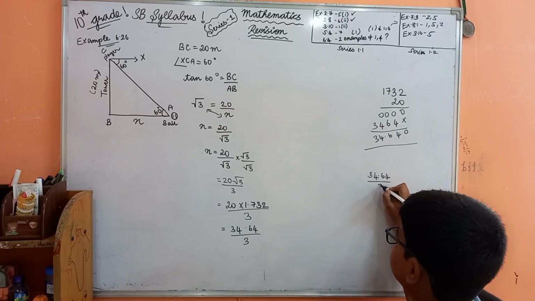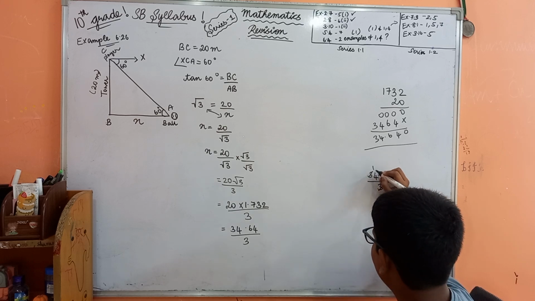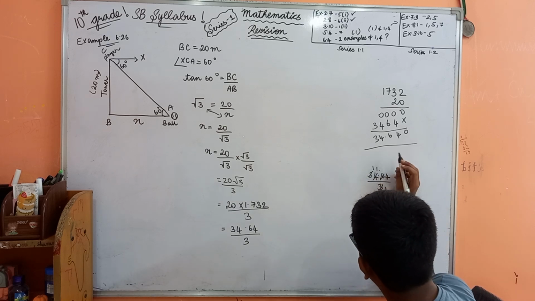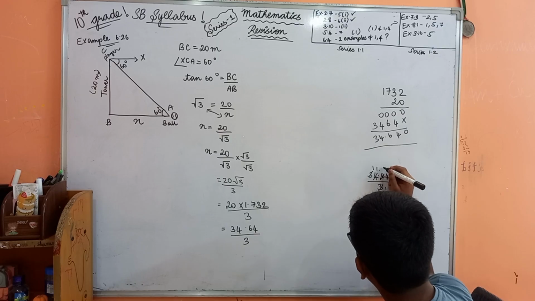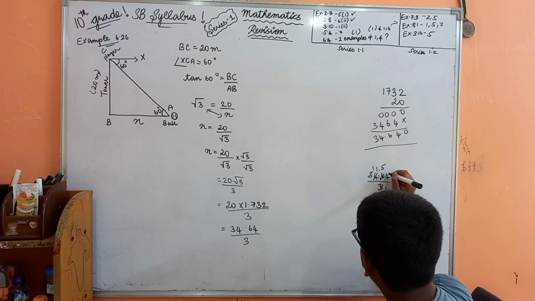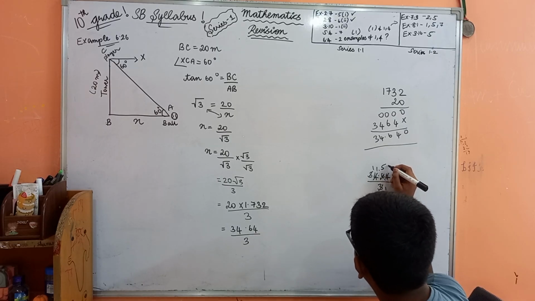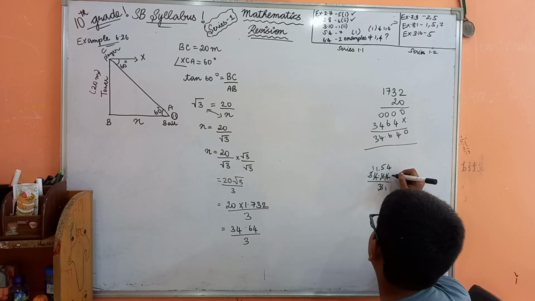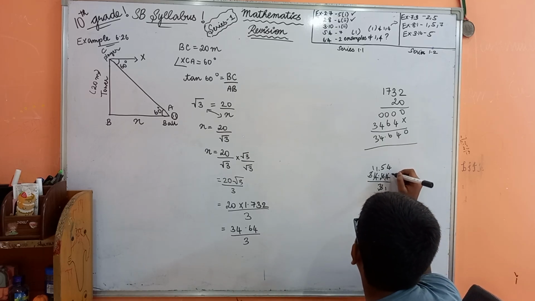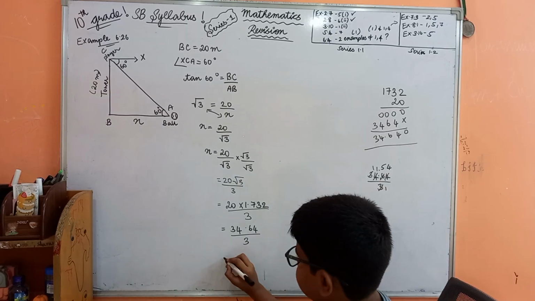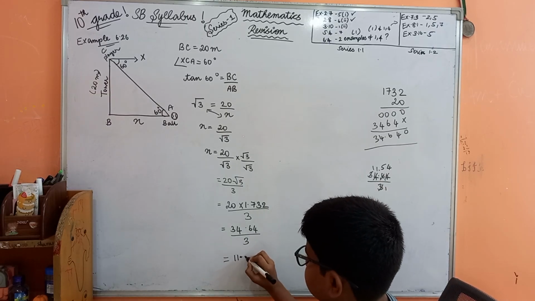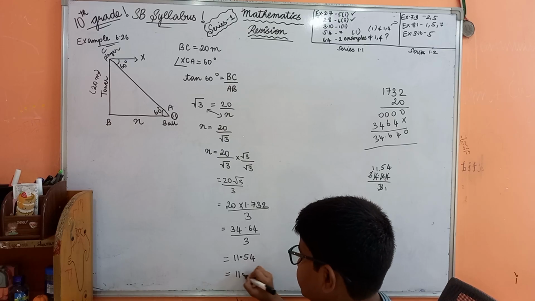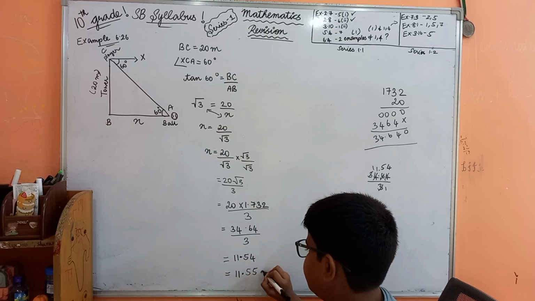34.64 by 3 is about 11.54, which we can round off to 11.55 meters.